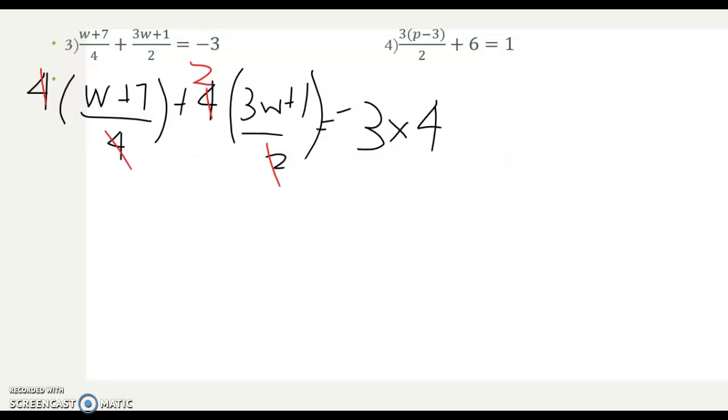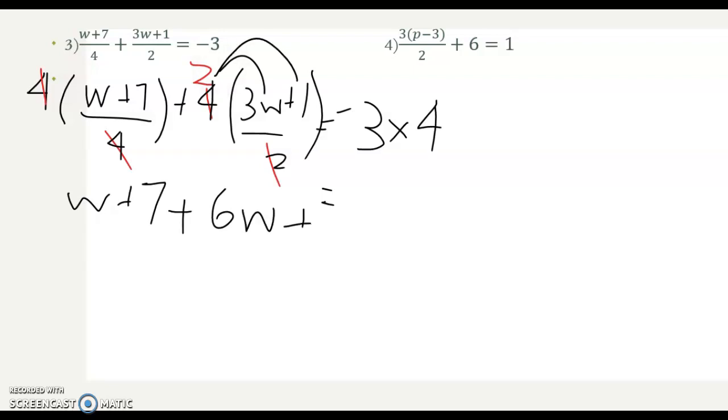And we're left with w plus 7. We can now expand the next bracket. We've got 2 times 3w, that gives us 6w. 2 times 1 gives us 2. And that equals negative 12.